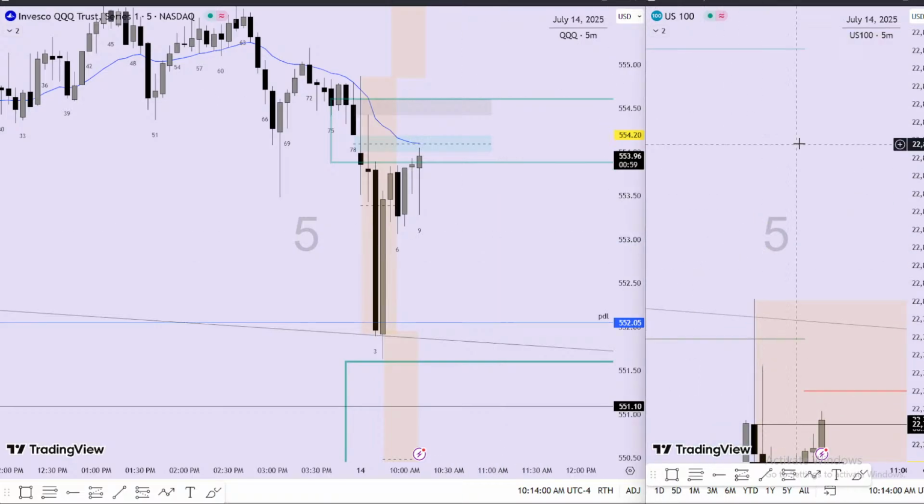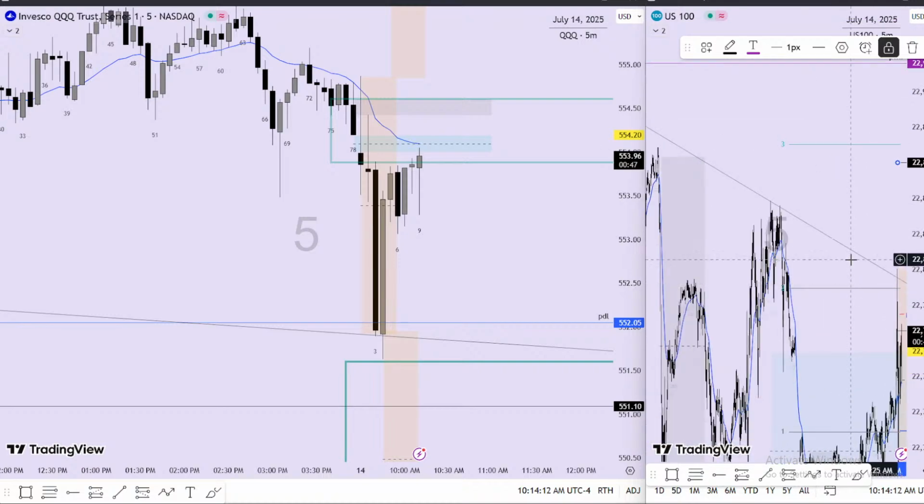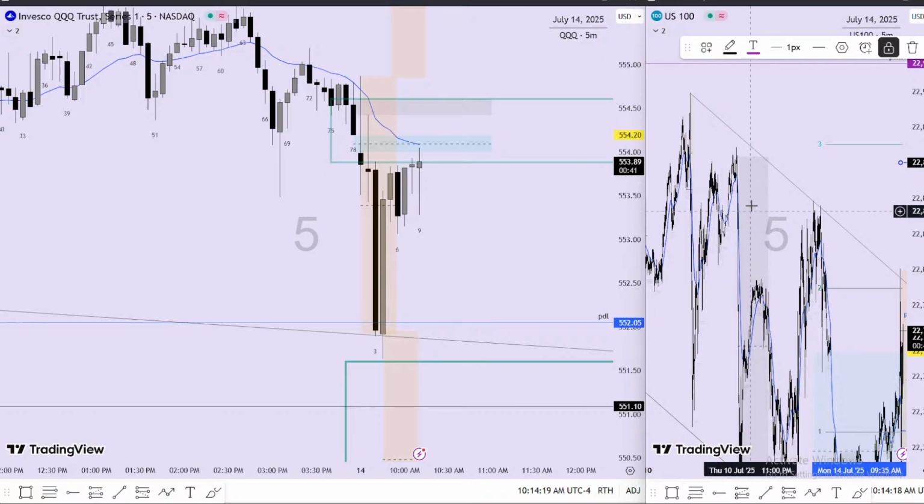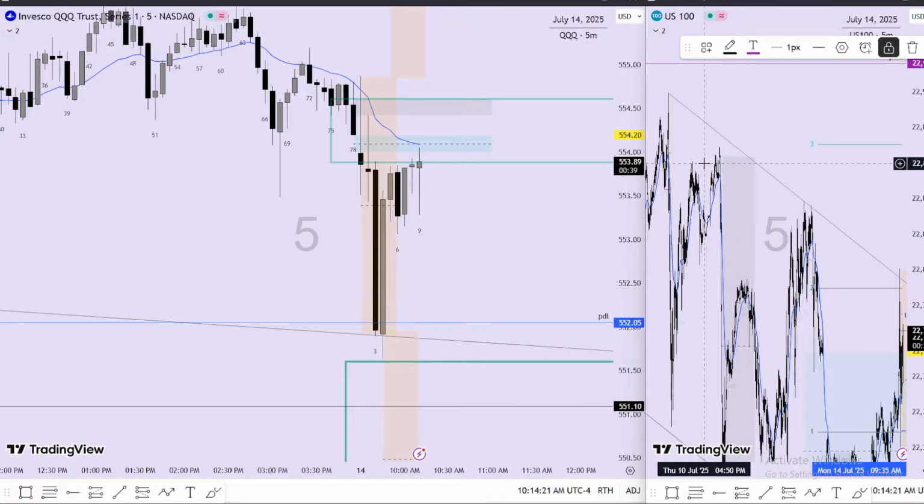I'm looking for 860 as a target, which will take us right at the Asian high of Friday's Thursday Asian high.